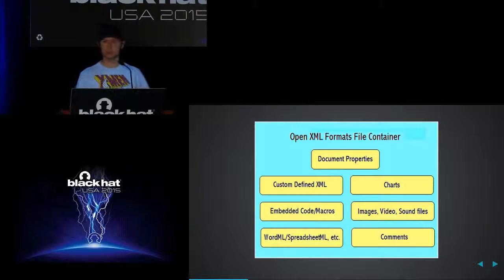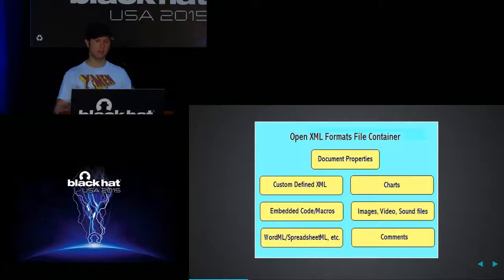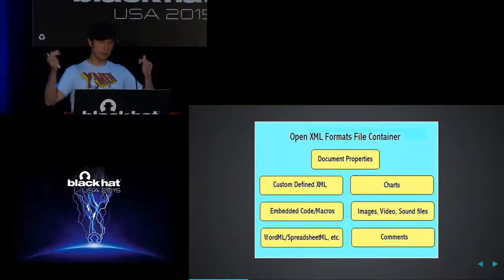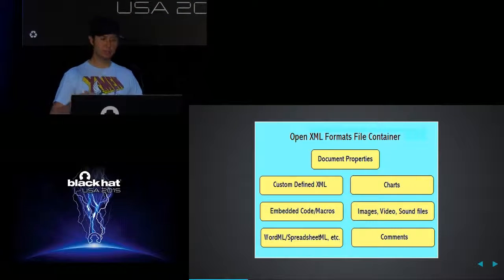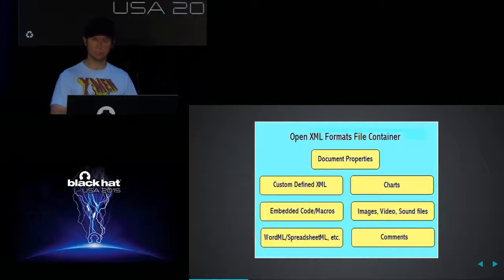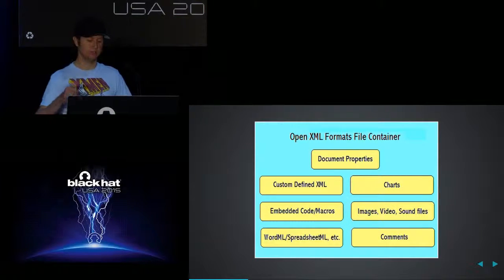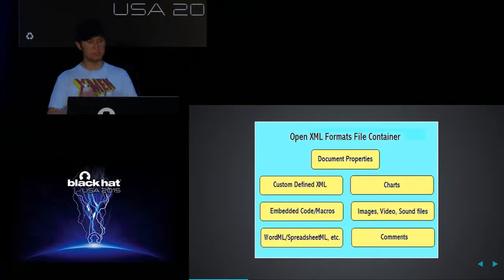This is actually an image from the 2007 introduction on the Microsoft site. You can find it in the references. In blue would be your zip archive, and everything else would be inside. I usually break it up into 3 parts. One would be the document properties at the top there, which basically assigns an ID to any file within the archive itself, so you're not carrying files into the different parts; it's just an ID pointing.